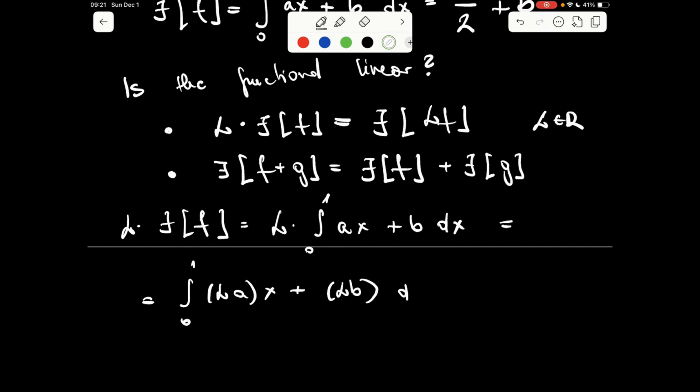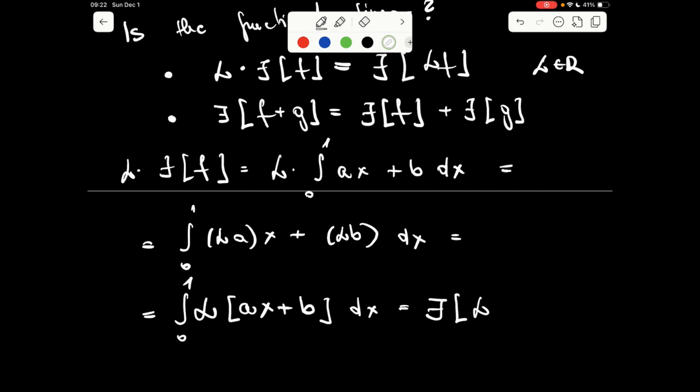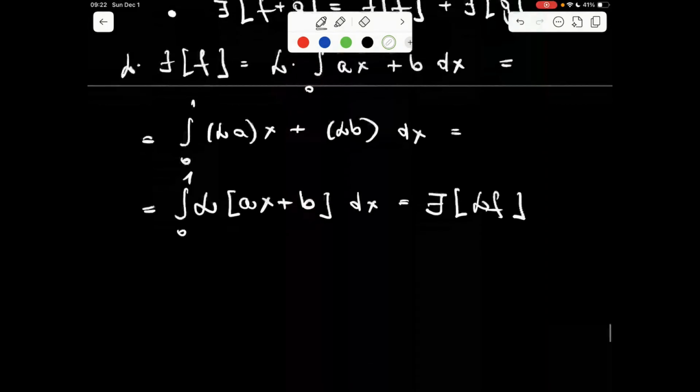So we have the following integral, and we must realize that alpha can be factored out behind the integral sign, which means we have linearity. Okay, this was one property.